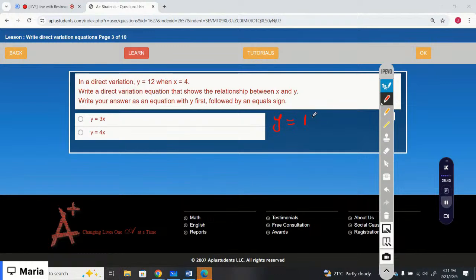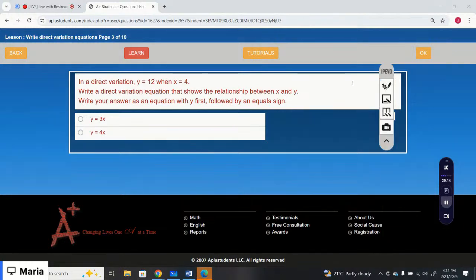Y equals kx. Y is 12, x is 4. Divide both sides by 4. 4 times 3 is 12, so k equals 3. So the equation is y equals 3x. Option number 1 is the correct option.